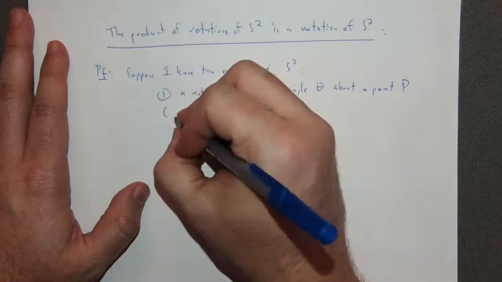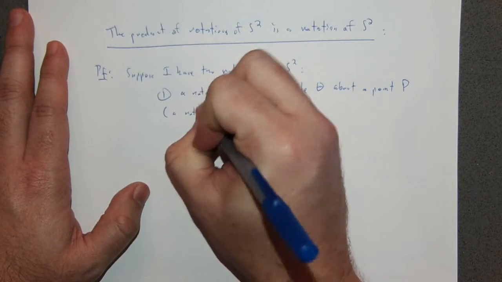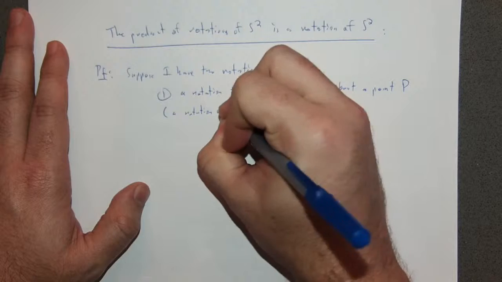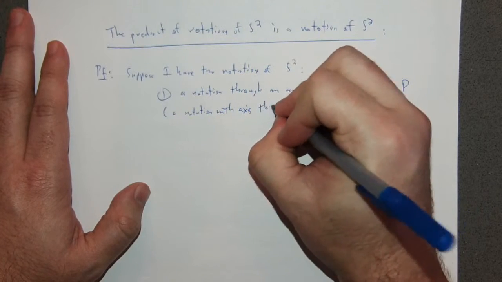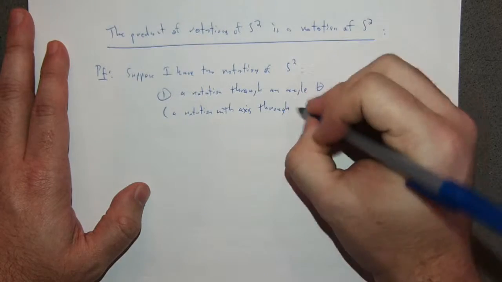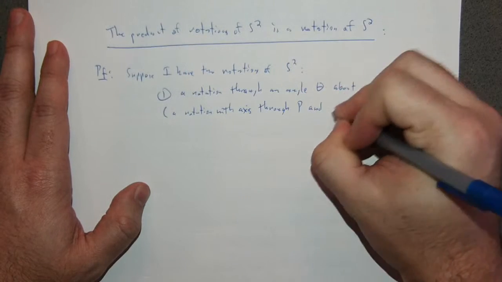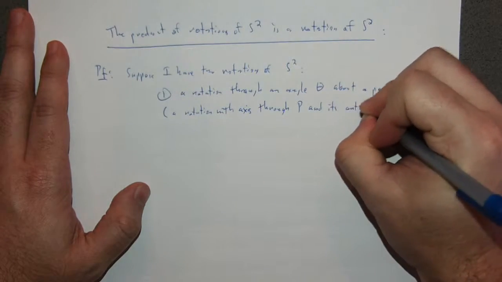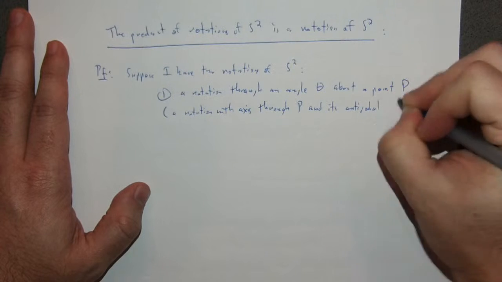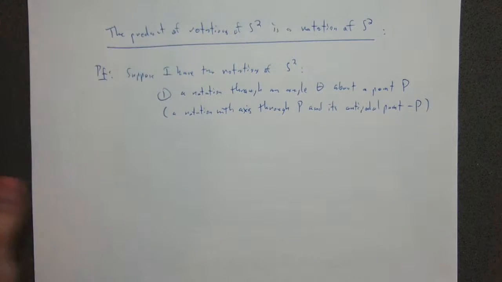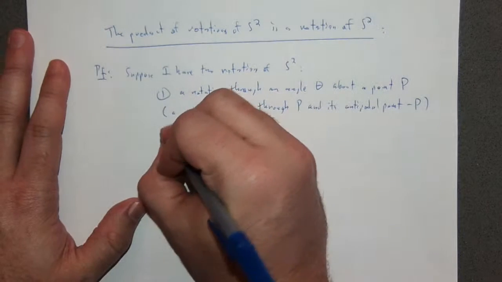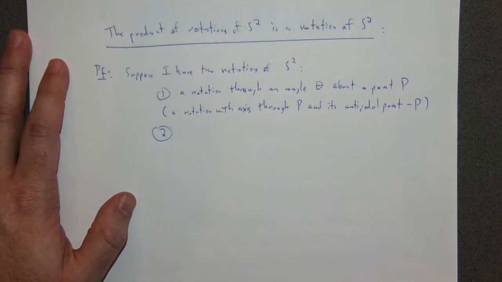It means that it is a rotation with axis through P and its antipodal point minus P. Minus P is the notation we use for the antipodal point on the sphere to P. All right, so that's our first rotation.